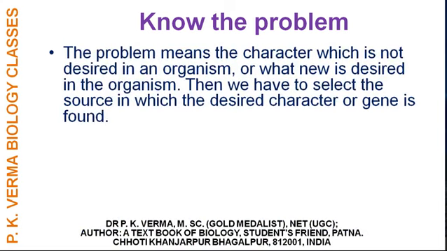So you have to know which character is to be improved. By getting information about various species and varieties of the plants and animals, you can select the source in which the desired character or the gene is found.